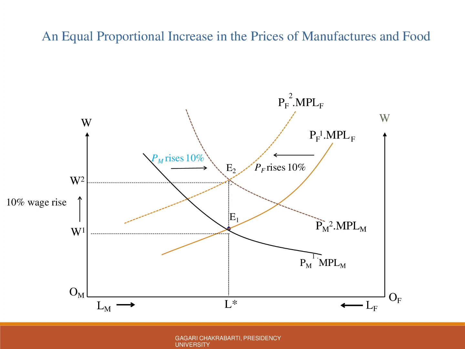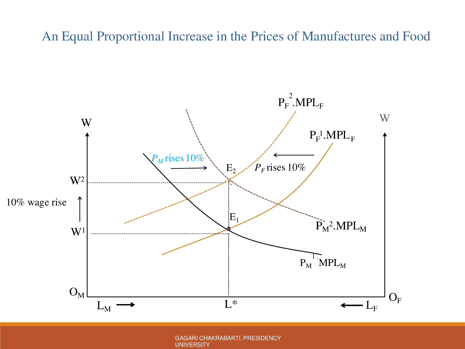This comes from a very simple point: if the employment of one factor increases, then the marginal productivity of its cooperating factor will also go up. So if the employment of labor increases in the manufacturing sector, then the marginal productivity of capital will go up.